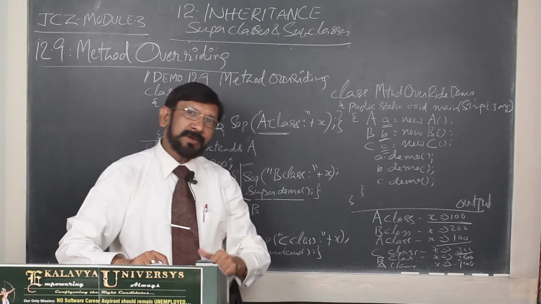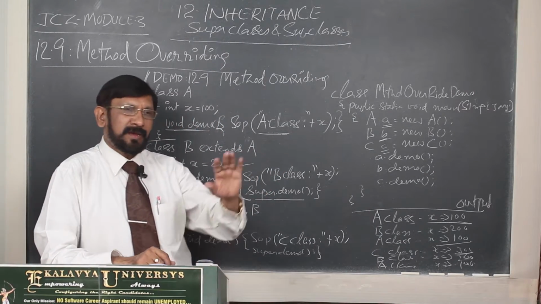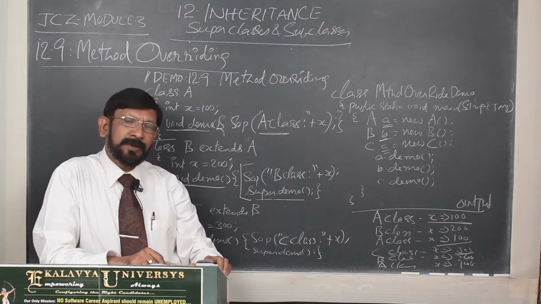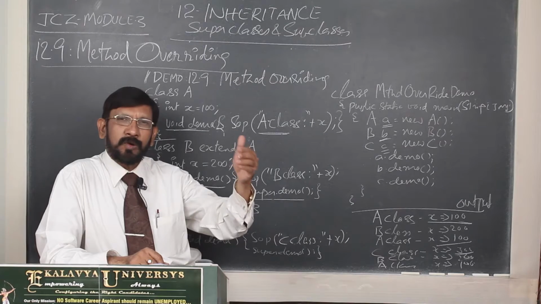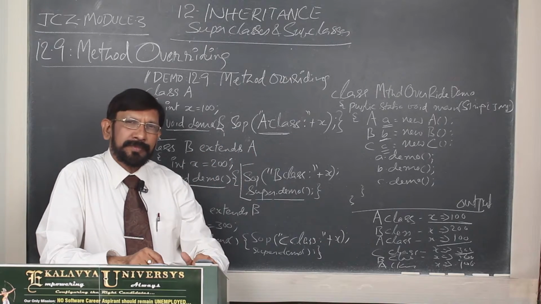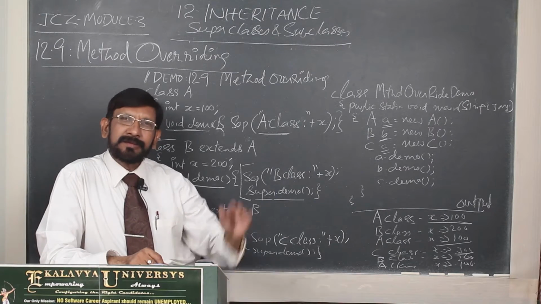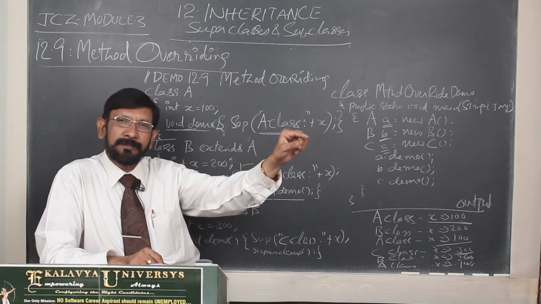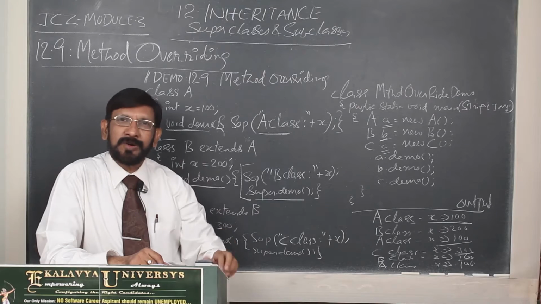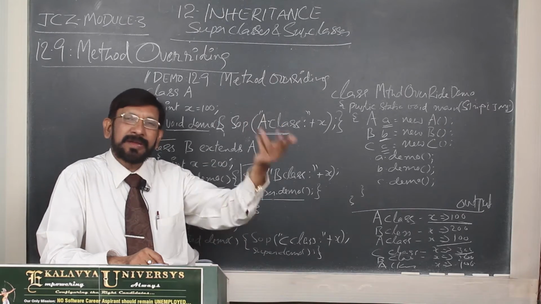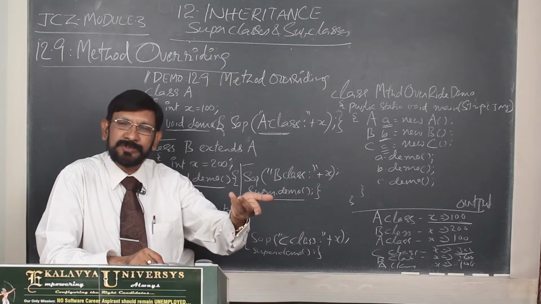Then how can the system recognize? In a classroom, three persons with the same name are there, like Mohan, Mohan, Mohan. Then how can the teacher call them? They take the initial: A Mohan, K Mohan, S Mohan. In the same manner, how can the system identify which version it has to execute?